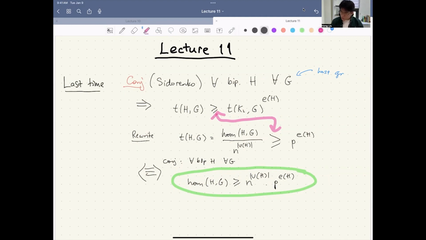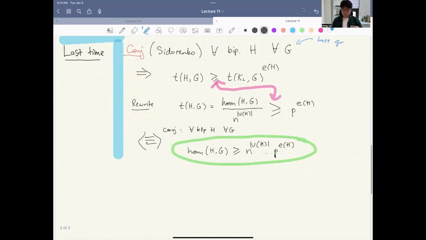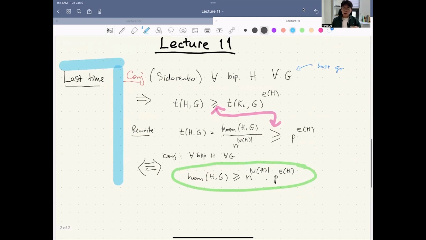Today we will continue. We'll give some applications of Sidorenko's conjecture and supersaturation.